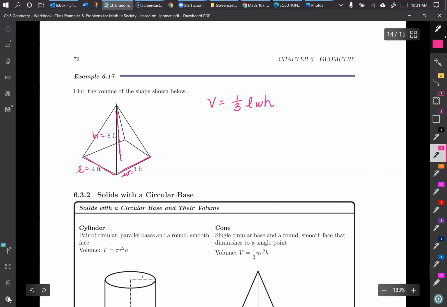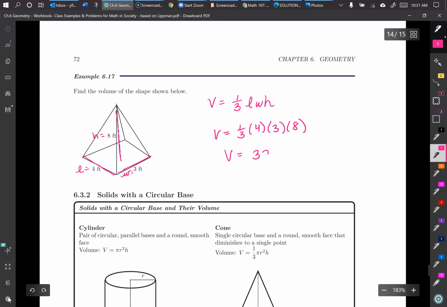Now if you mix up the length and width, that's okay, it doesn't really matter which is which. So we would then plug in 1/3, our length 4, width is 3, and height is 8. So just pop that into the formula and crunch the numbers.